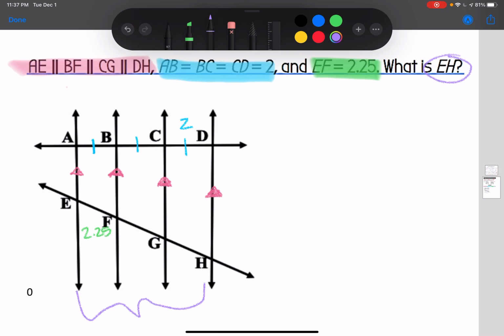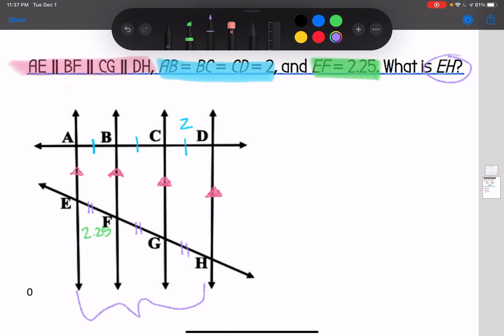Well, guess what? Using this theorem that we've just talked about, the parallel lines and multiple transversals theorem, you know that because each of these lines are parallel and it's intersecting a set of congruent segments, these are also congruent.